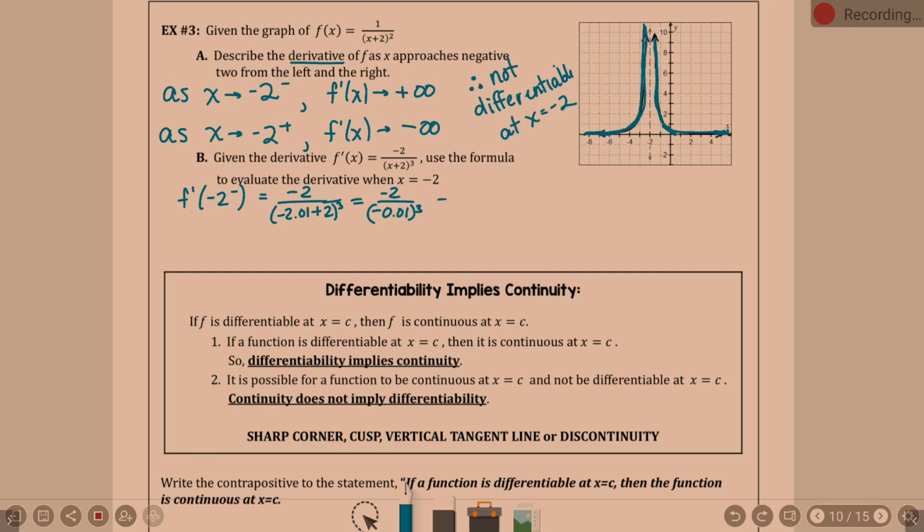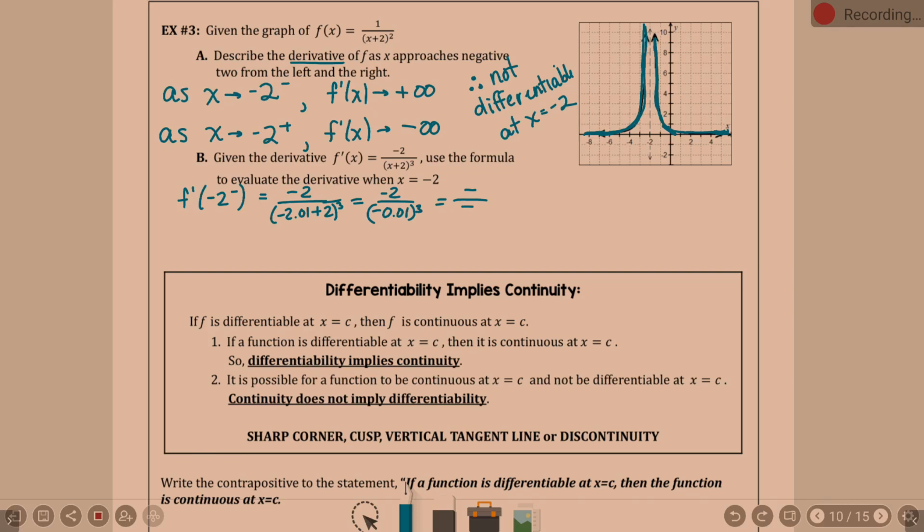What are we going to have here in terms of signs? The top is a negative, yes? The bottom's also going to be negative. So somehow or another, we're going to have a negative divided by a negative. Fair enough? Okay. I'm not doing the math. But a negative divided by negative is going to result in a positive. 2 divided by a decimal that's getting smaller and smaller and smaller.